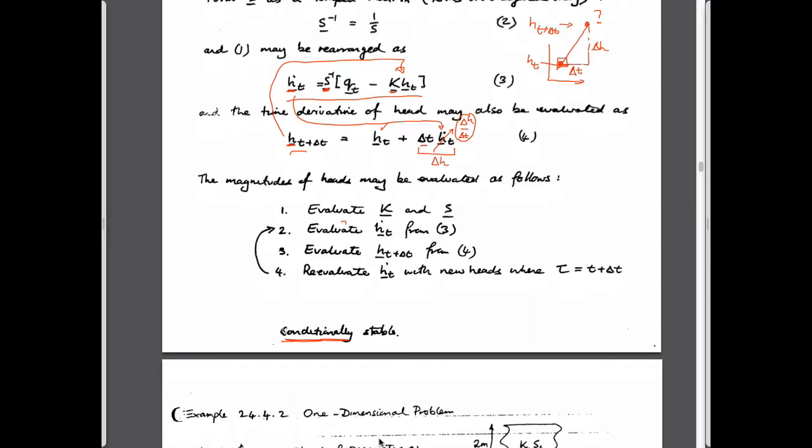Unconditionally stable methods can take as large a time step as you want, but with much more overhead if you're doing nonlinear problems, to be able to reform the conductance matrix. And explicit methods are much better at dealing with nonlinear problems, because the overhead in changing these matrices is somewhat less. Certainly changing the storage matrix is trivial.